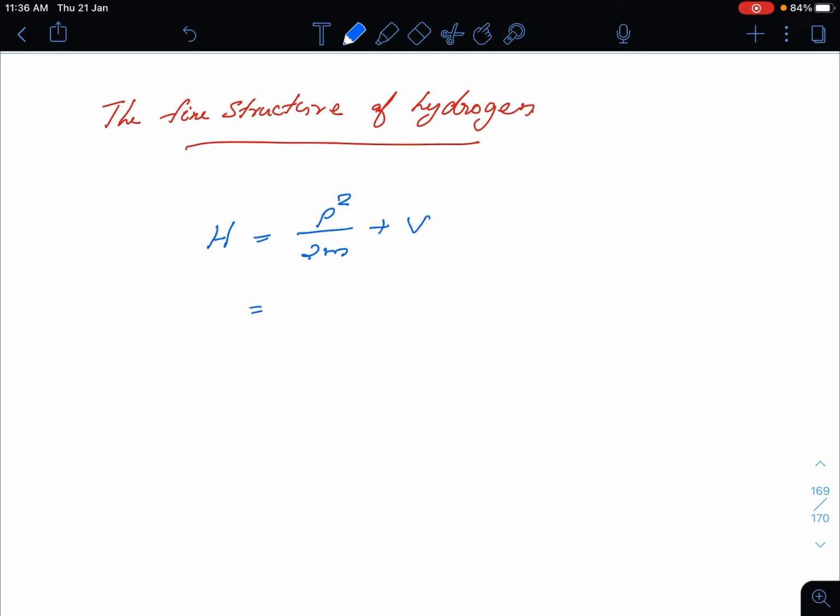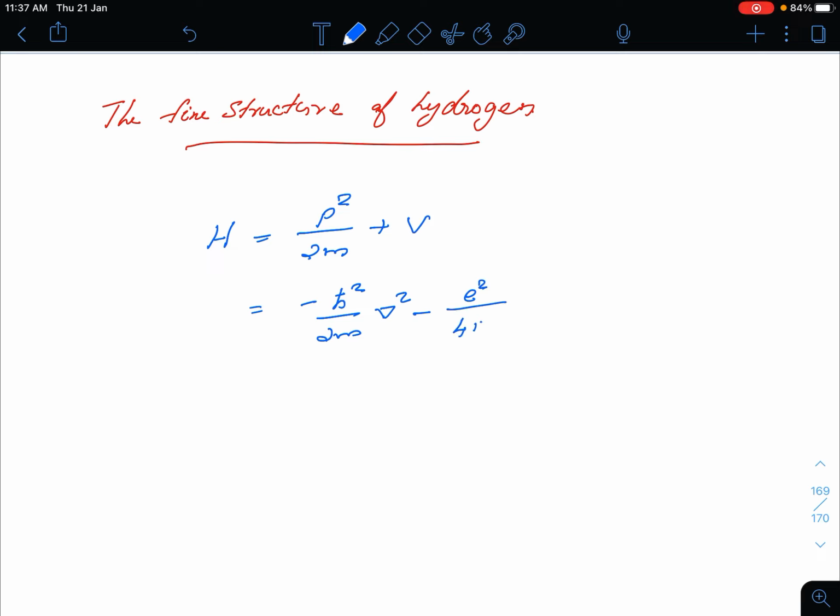If you convert it into operators, the operator corresponding to the kinetic energy is simply P square, which is minus h cross square by 2m del square. And the potential energy is the Coulomb interaction between the electron and proton, q1 q2 by 4 pi epsilon 0 1 by r.